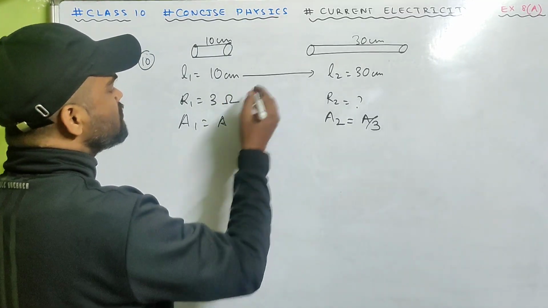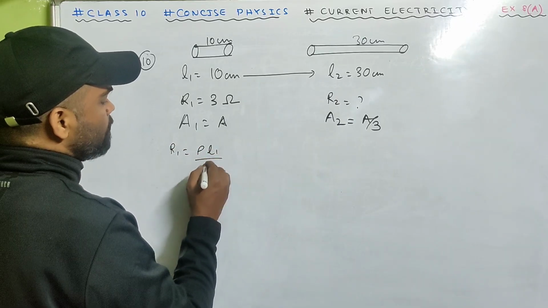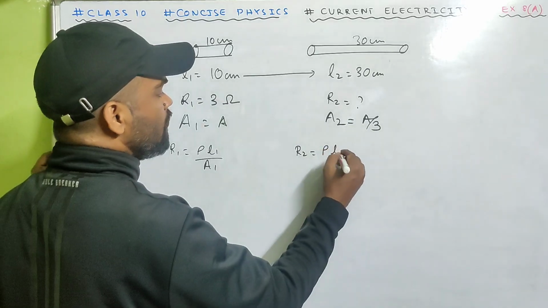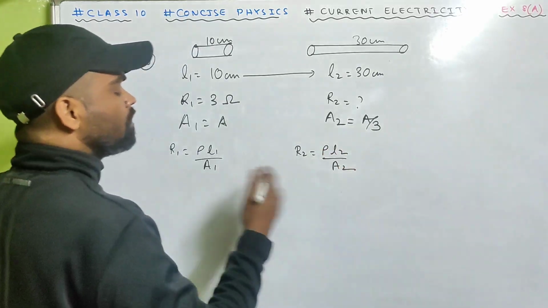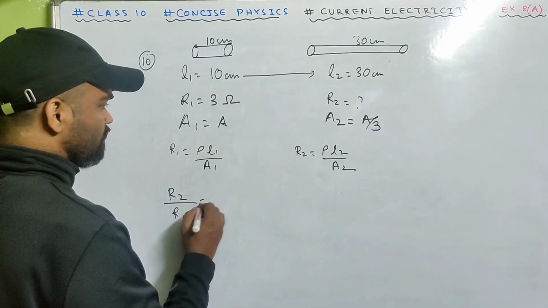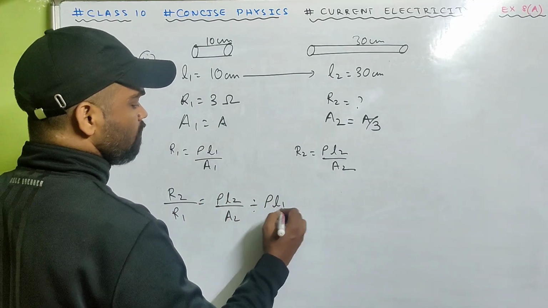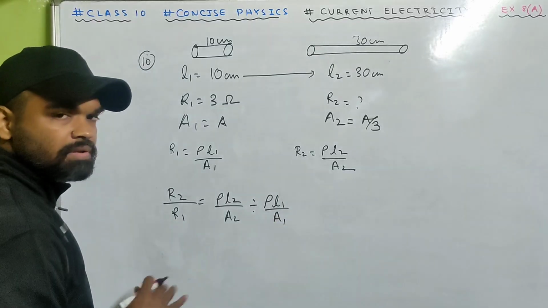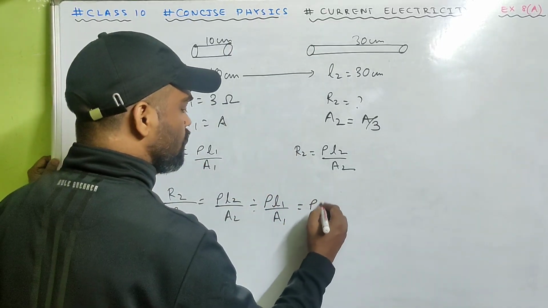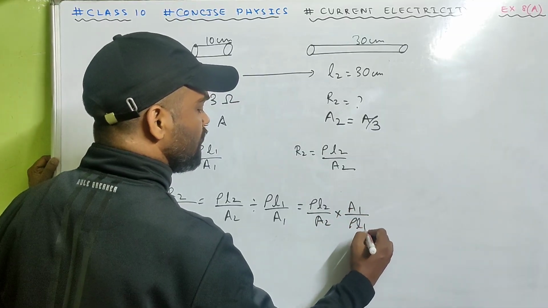R2. Simple. R1 equals rho L1 by A1 and R2 equals rho L2 by A2. Just divide these two. So R2 divided by R1 is rho L2 by A2 divided by rho L1 by A1. Simple calculation. This is rho L2 by A2 multiplied by A1 by rho L1.